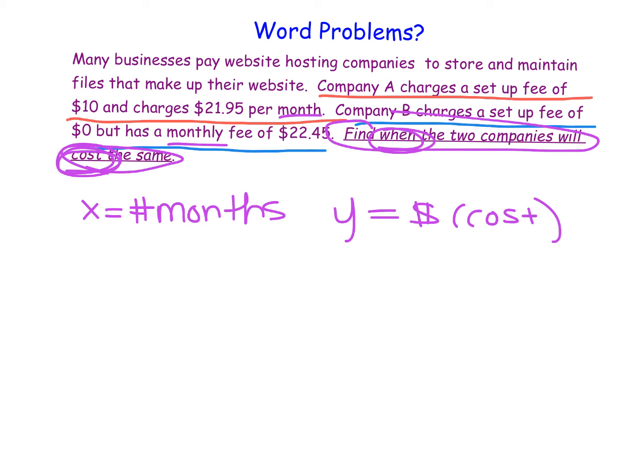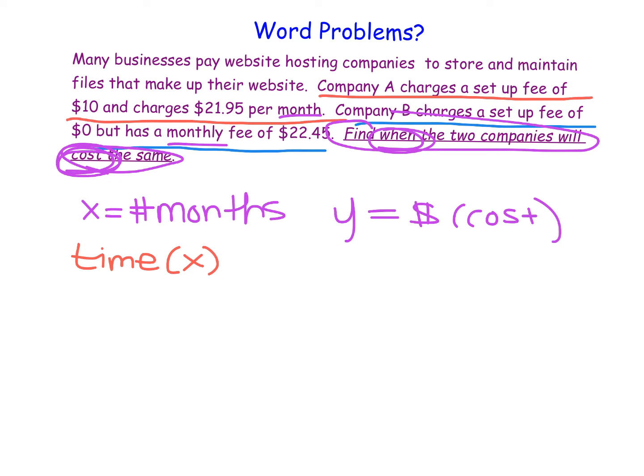Now, in this problem, it kind of does matter which variable represents months and cost. So one side note that I want you to make about variables in word problems: what they represent really doesn't matter unless you're dealing with time or money. And if you have time and money in the problem, it typically does matter what you select for x and y, because that's how it's commonly defined with independent versus dependent variables, or if you do a lab or something like that. So anything that represents time is typically your x variable.